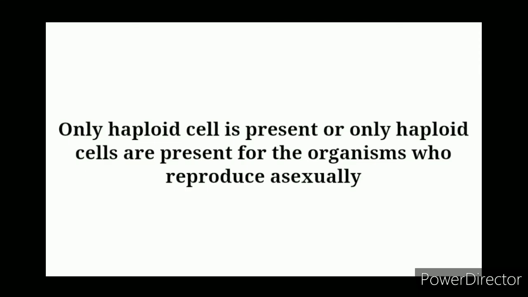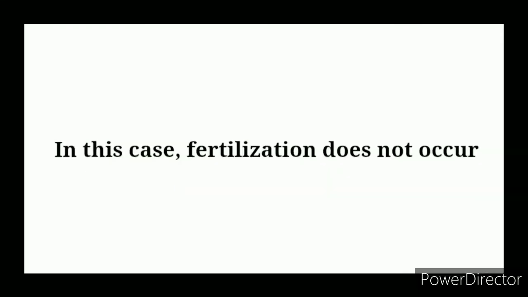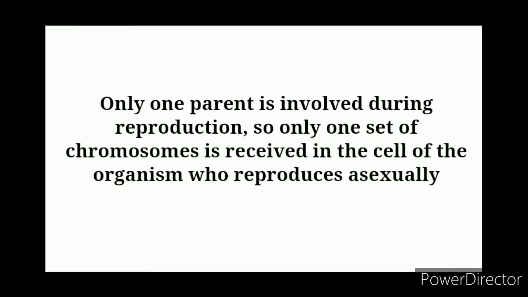In this case, 2 parents of opposite sex are not involved during reproduction. So, fertilization does not occur in this case. Only one parent is involved, so only one set of chromosomes is received in the cell of the organism who reproduces asexually, and the cell that contains a single set of chromosomes is called a haploid cell.